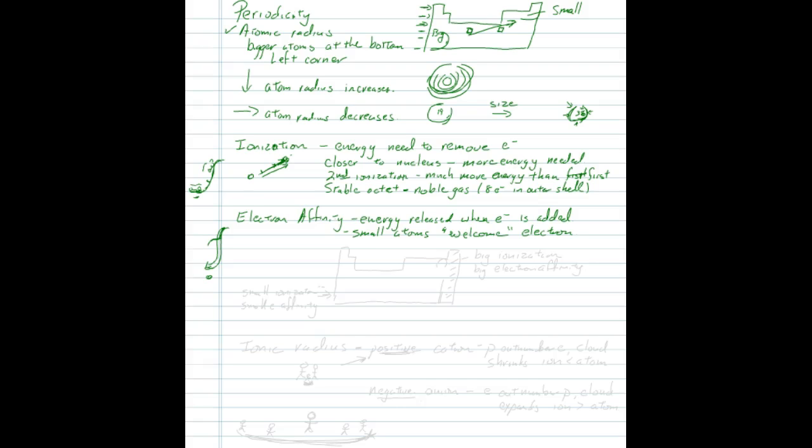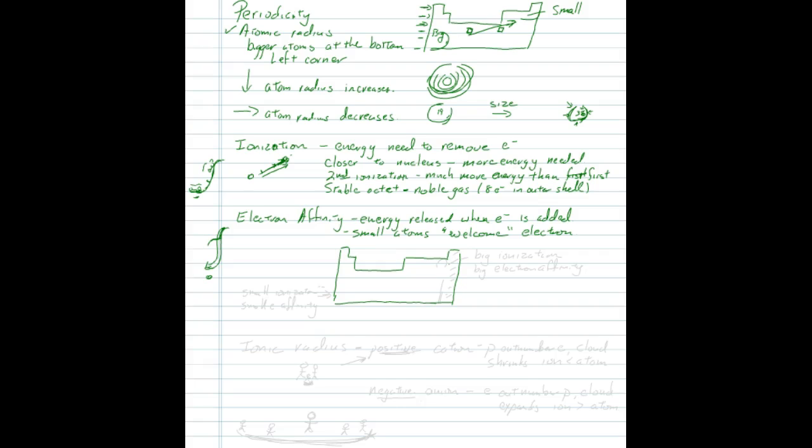Put these together, and both ionization energy and electron affinity have the same pattern as each other, but opposite of the size of the atom.